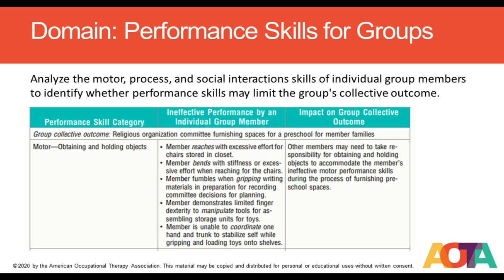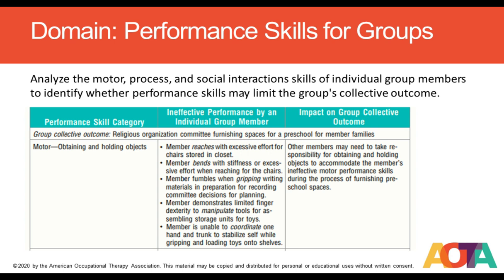This portion of Table 8 presents the group as a religious organization committee furnishing preschool spaces for member families as the collective outcome example. The sample motor skills subcategory of obtaining and holding objects describes ineffective individual motor skills of reaching, bending, gripping, manipulating, and coordinating.